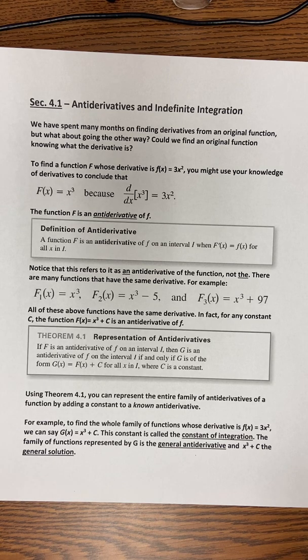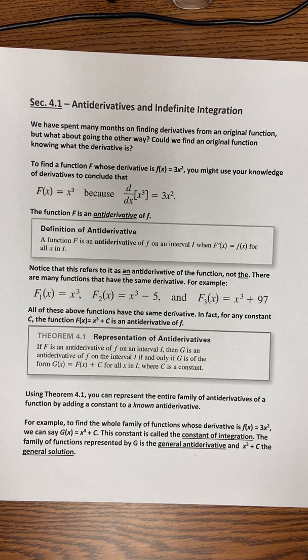If you look down below, x cubed minus 5 and x cubed plus 97, for example, all have the same derivative because when you take the derivative of a constant, it becomes 0. Which is why we only refer to something as an antiderivative and not the antiderivative.